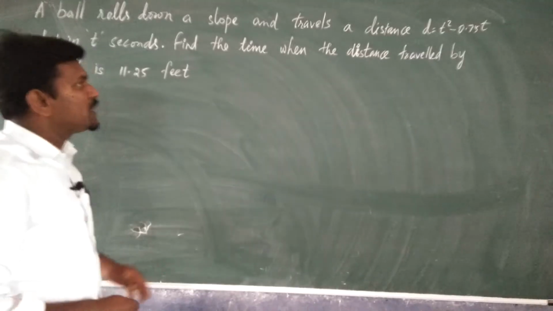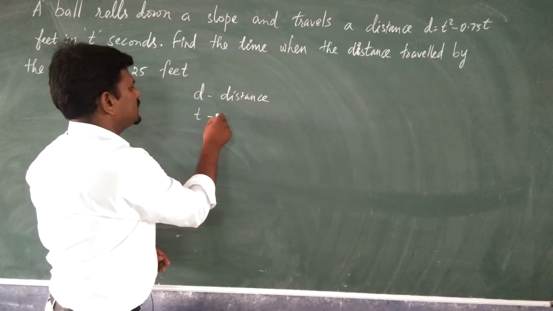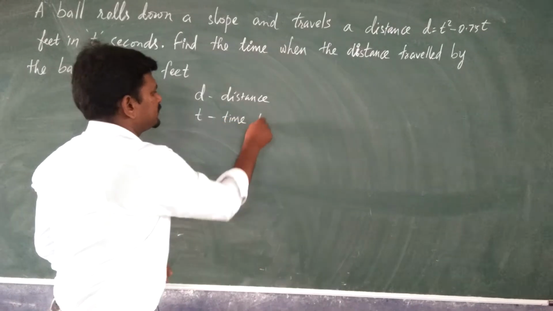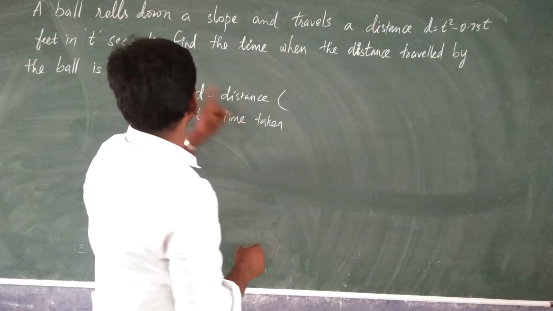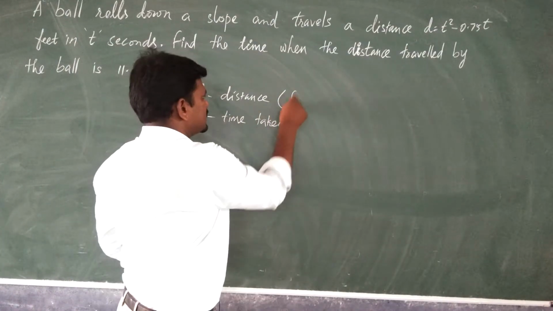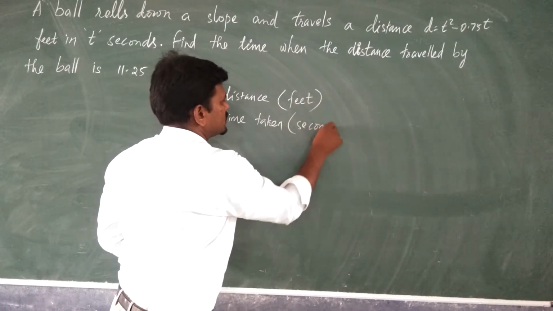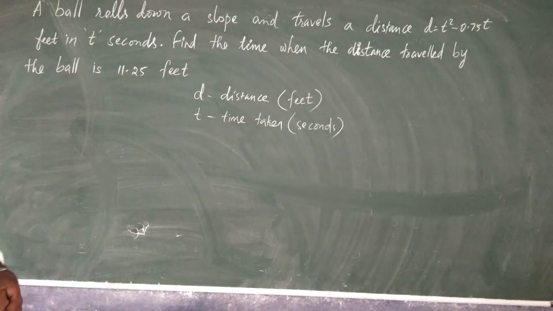In this equation, d represents the distance traveled and t represents the time taken. The unit used here for distance is feet, and for time t it is seconds.